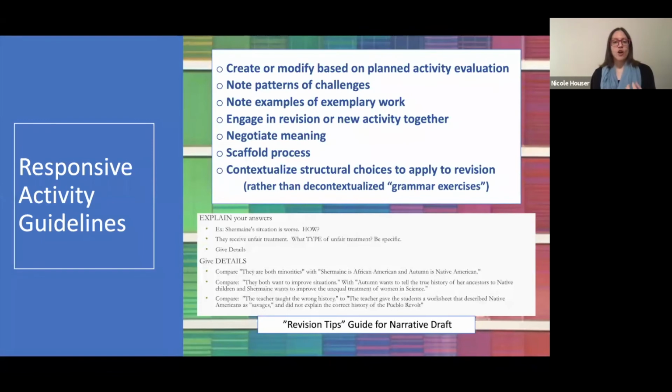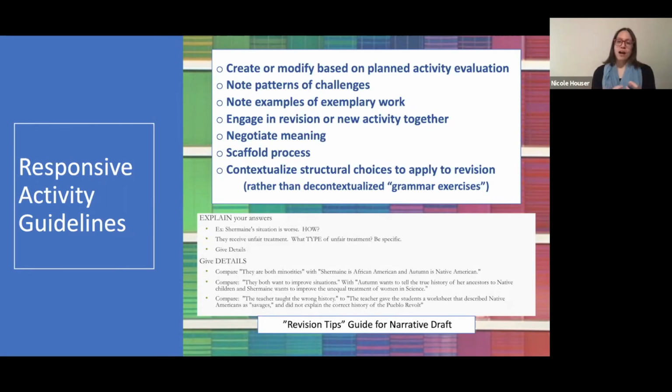And I give very detailed comparisons and explanations of what more successful choices are. So I say, instead of, compare, they both want to improve situations, with the detail of, Autumn wants to tell the true history of her ancestors to Native children, and Charmaine wants to improve the unequal treatment for women in science.